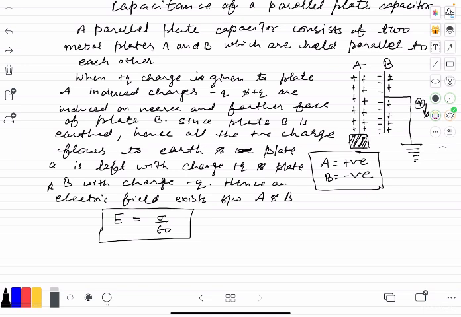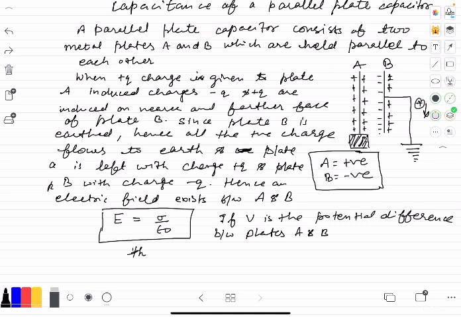Okay? Now, if V is the potential difference between plates A and B, then we know that E is equal to V upon d, where d is the separation between the plates, the distance between the plates.